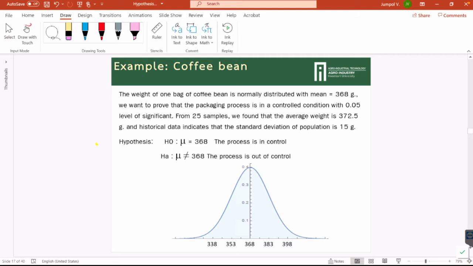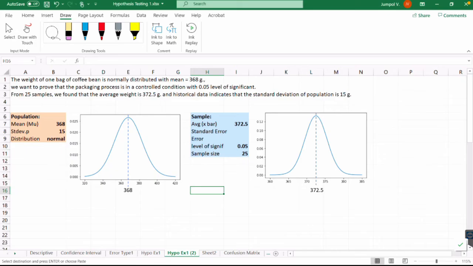And in order to test the hypothesis, let's go to this example, the Excel file, and we can draw the distribution of the population from the information that we have.